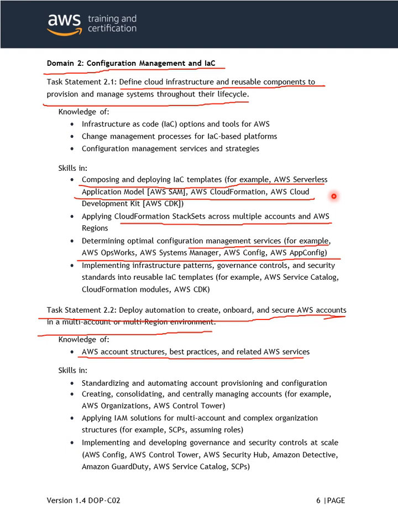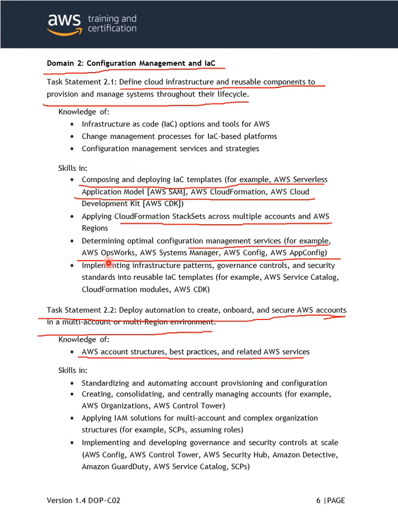A candidate should understand about the Serverless Application Model, CloudFormation, Cloud Development Kit, StackSets across multiple accounts, how you can deploy CloudFormation in multiple accounts, AWS OpsWorks, Systems Manager, AWS Config, AppConfig.